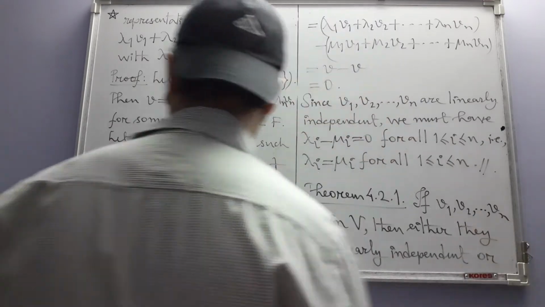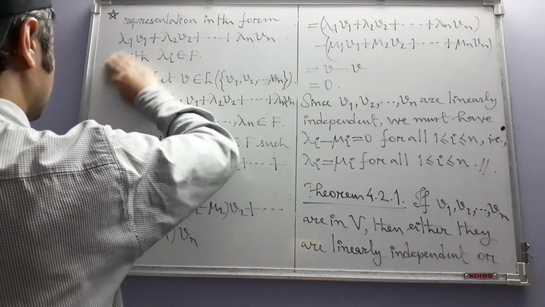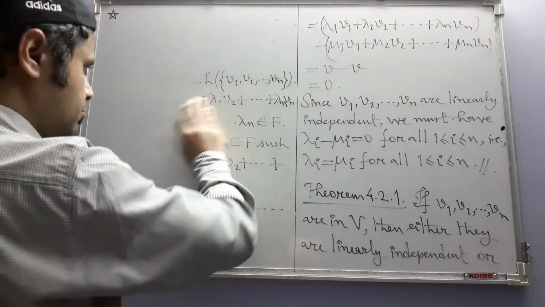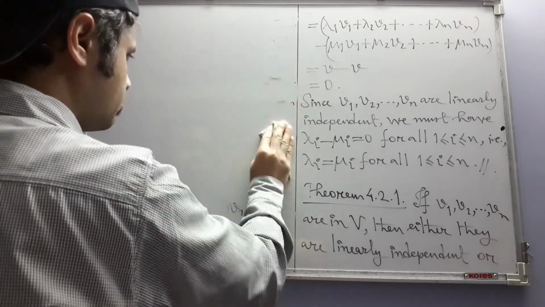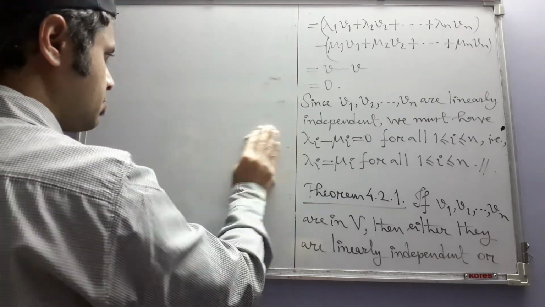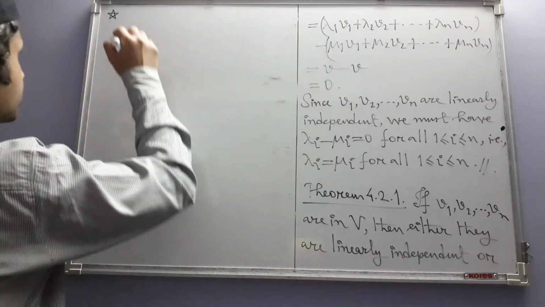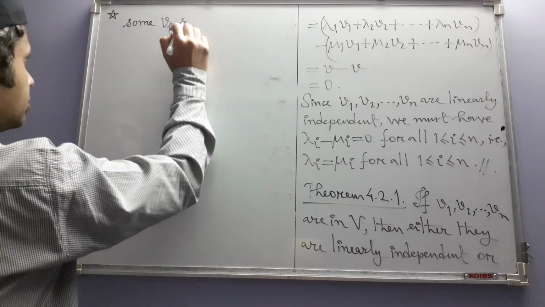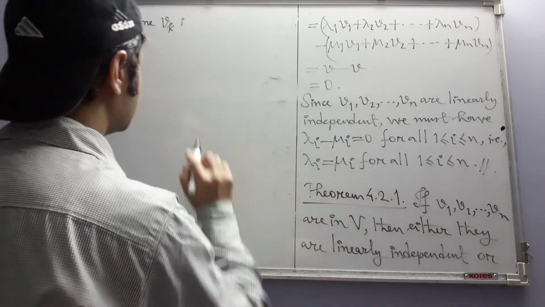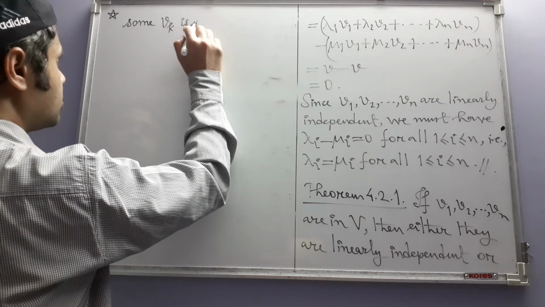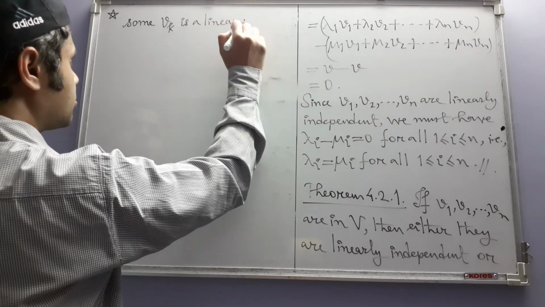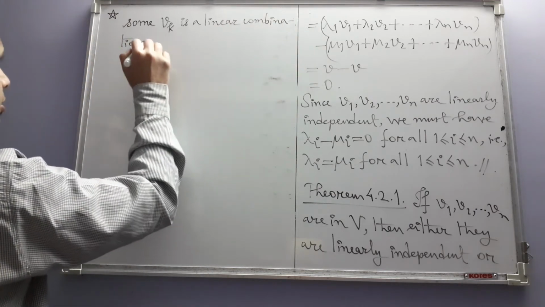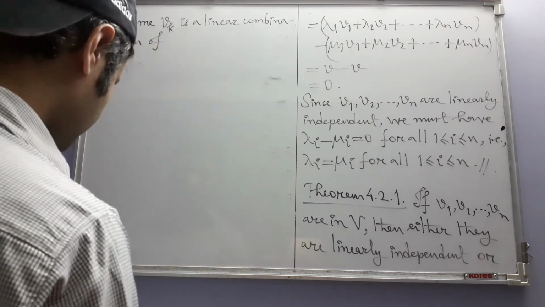or some vk, that means some v among these, is a linear combination of the preceding vectors.